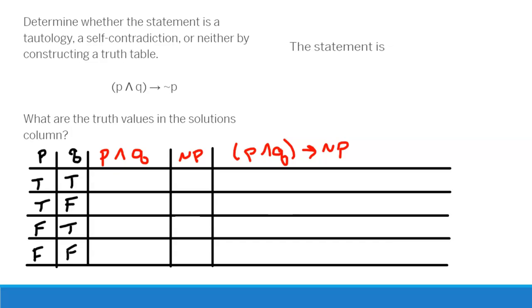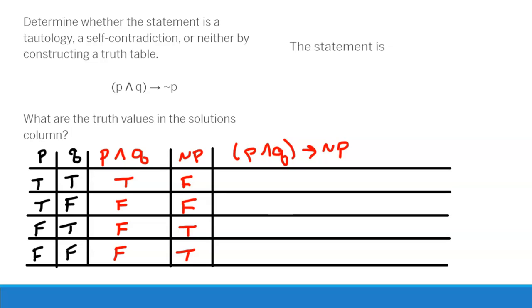In the first column, P and Q is only true when both P and Q are true. So that means we have true, false, false, and false. For the second column, not P is the opposite of P. So we'll just negate everything that we see in that first P column to get our not P column.